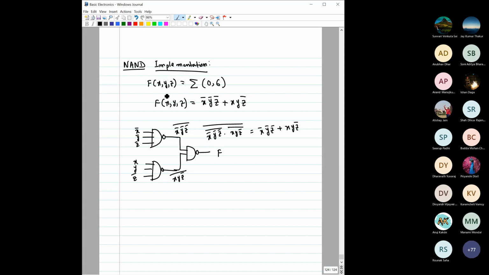Suppose straightforwardly you have to implement this function, then this is the implementation process. But for that, it has to be given in sum of product form for NAND implementation.